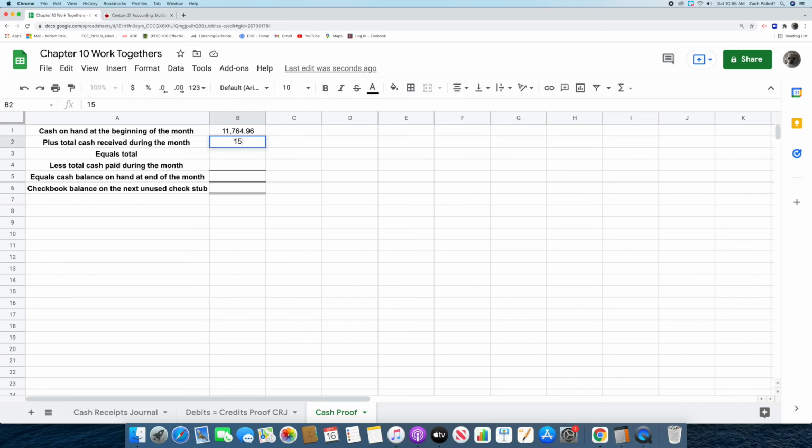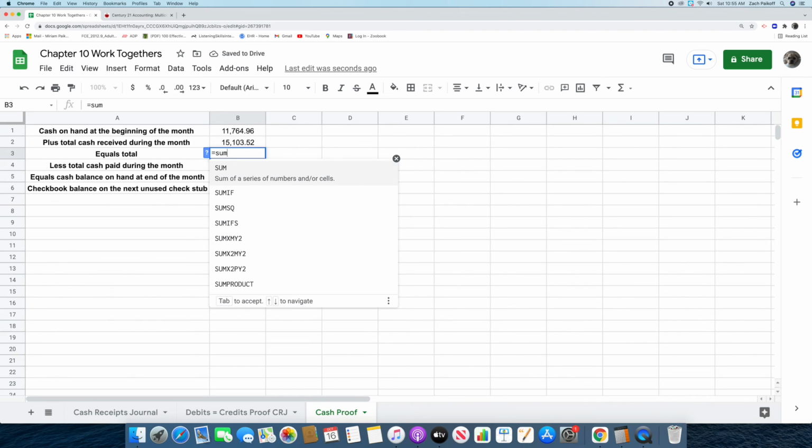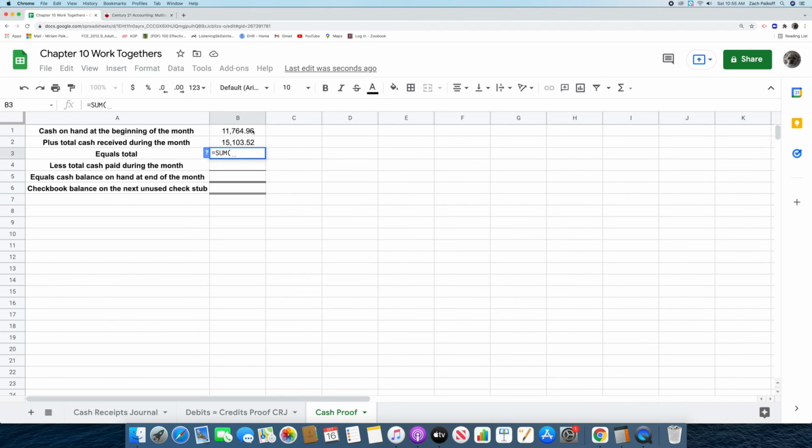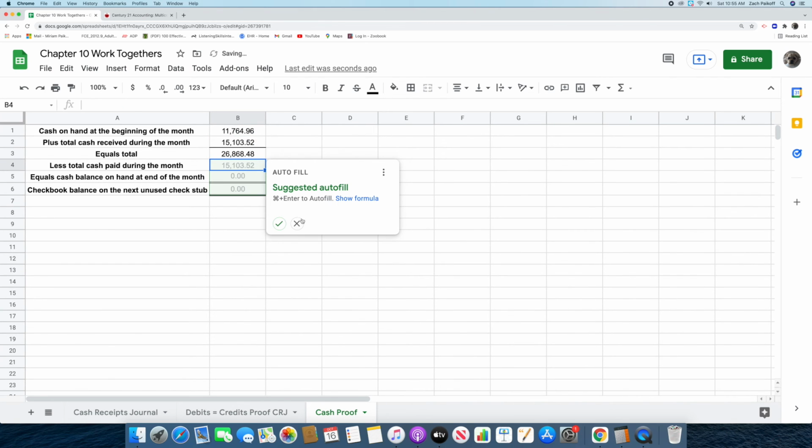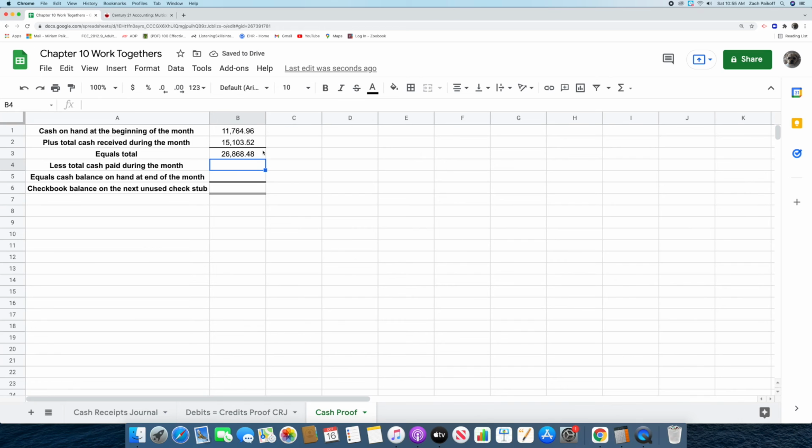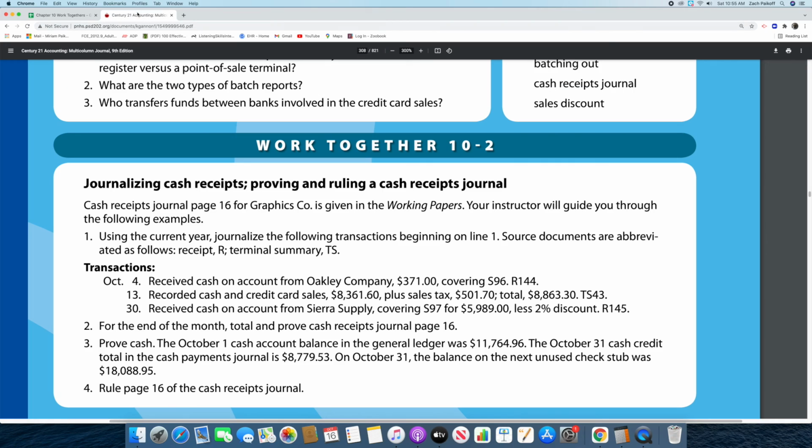That was $15,103.52. So if we add these two together, I'm going to type in equals sum, select cell B1 and drag it down to B2. That will give us the total, which is $26,868.48.